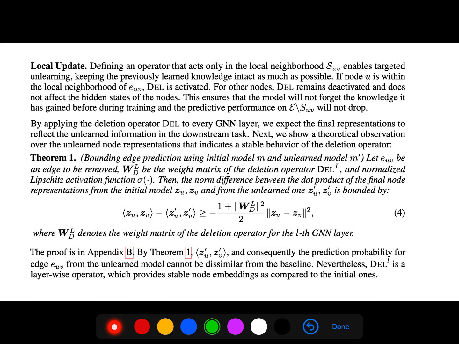Then we have the local update. Defining an operator that acts only in the local neighborhood enables targeted unlearning, keeping previously learned knowledge intact as much as possible. If node u is within the local neighborhood of e, Del is activated.